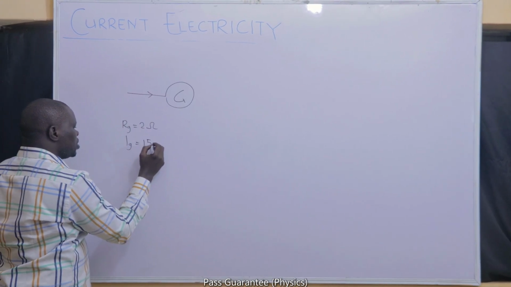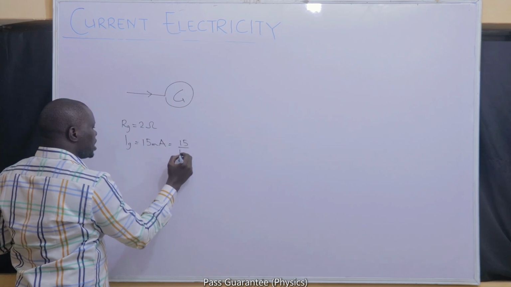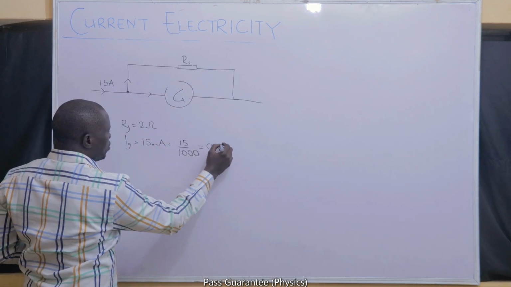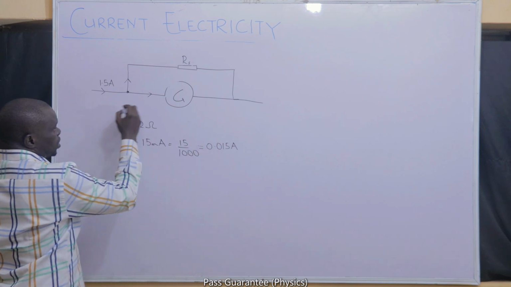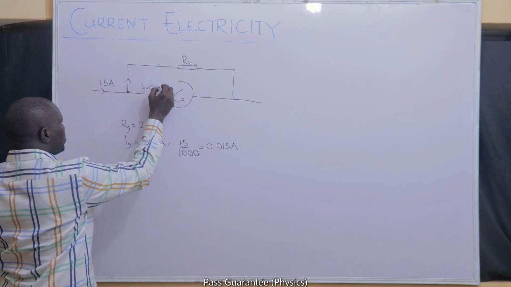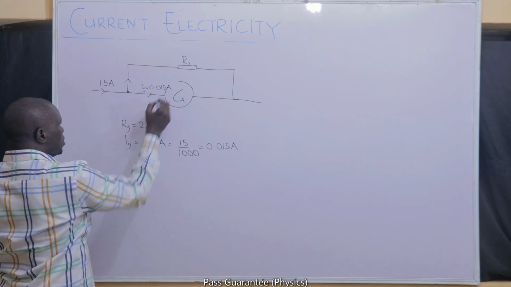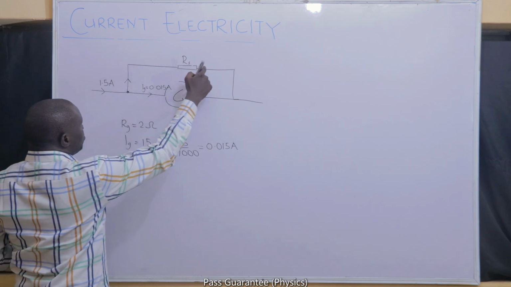Changing that to amperes, it is 15 divided by 1000, which is 0.015 amperes. So the current through the galvanometer must be 0.015 amperes.